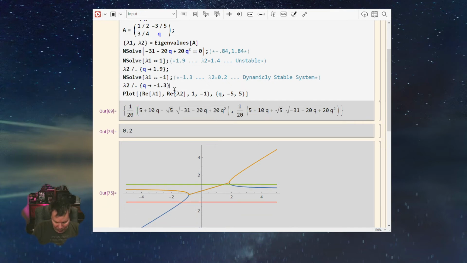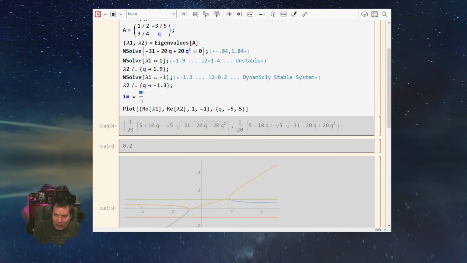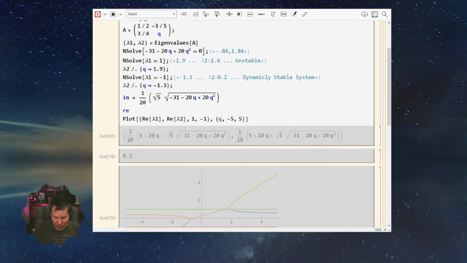So let me give you another definition here. Let's say the imaginary part is really, let me get a fraction, 1 over 20 times that object right here. Now I want to be really careful about what I just pasted there. I'll come back to why I need to be careful.